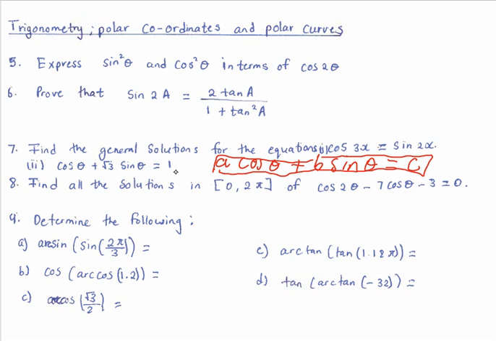Please recall that. We talked about comparing with the term r cos(theta minus alpha), where you have to compare these parts with these parts. So please recall all of that to be able to solve this part.